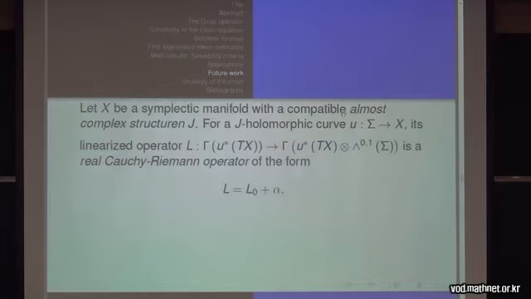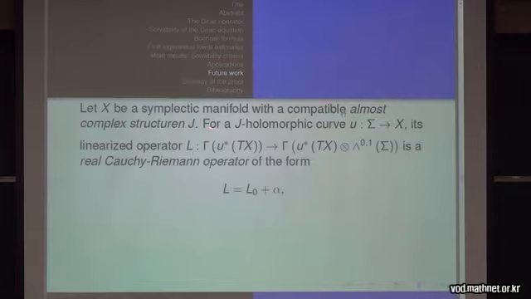And this is what we want to do. We want to generalize the result from holomorphic curves to J-holomorphic curves. Let X be a symplectic manifold with a compatible almost complex structure, which is not integrable in general.